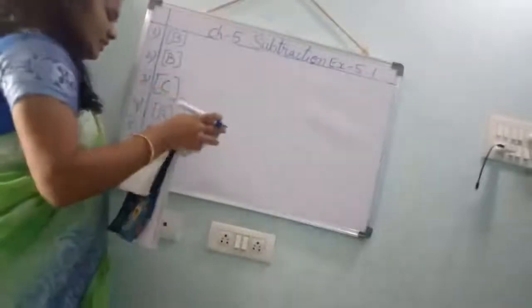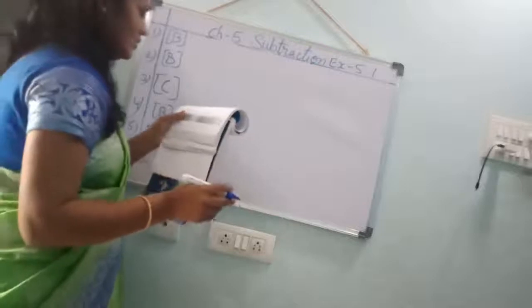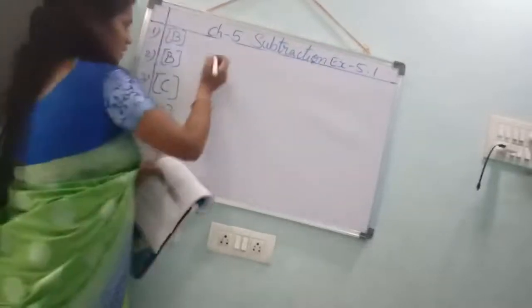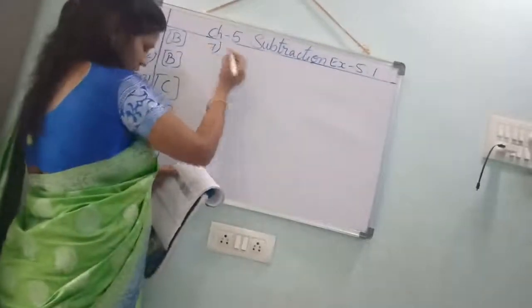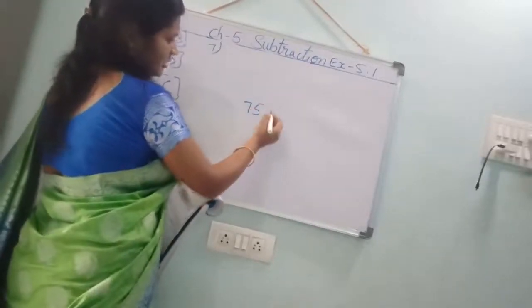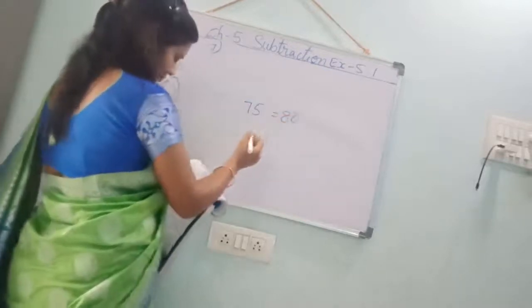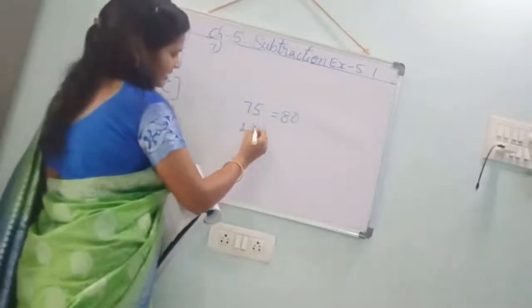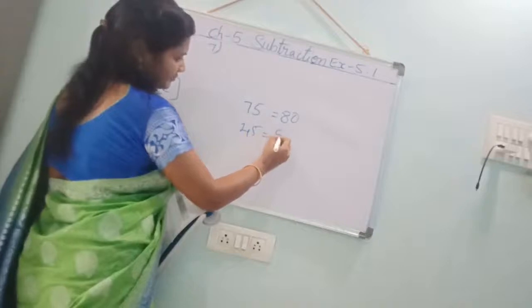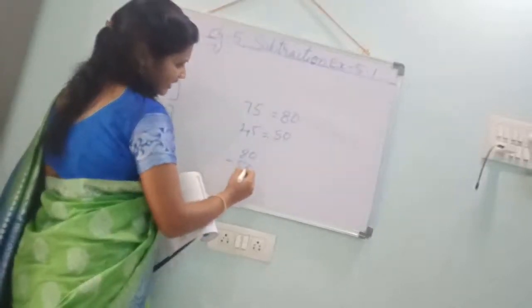Seventh one. Estimated difference between 75 and 45. See? 75, estimate. 75 means what? 70 or 80. Okay. 45, estimate 50. So 80 minus 50.